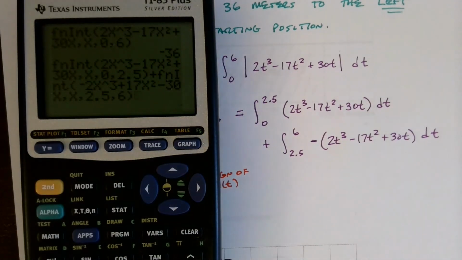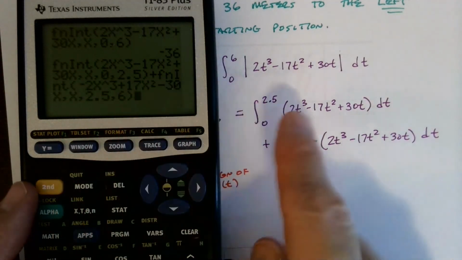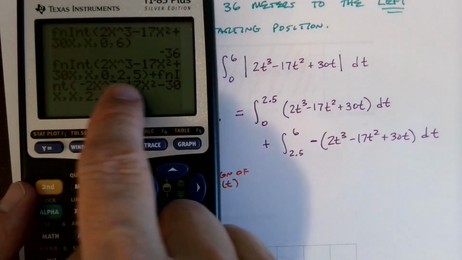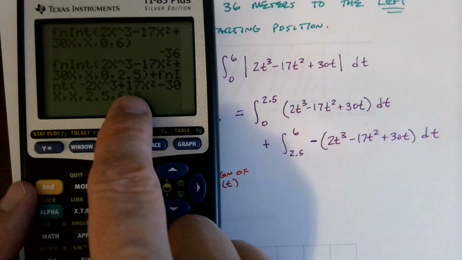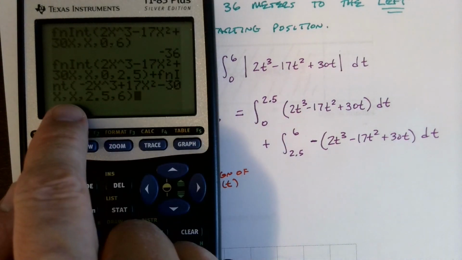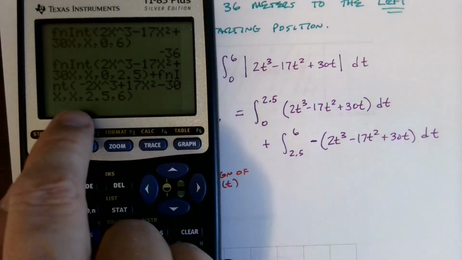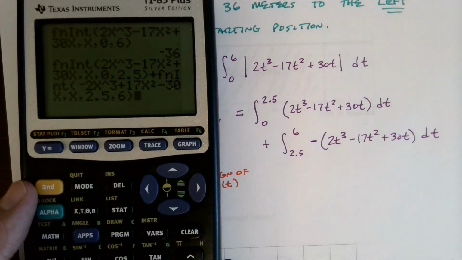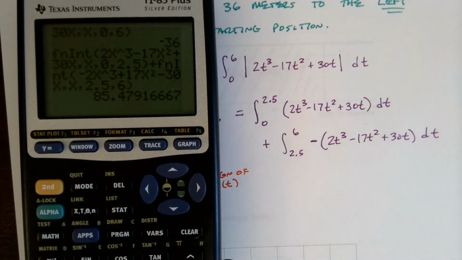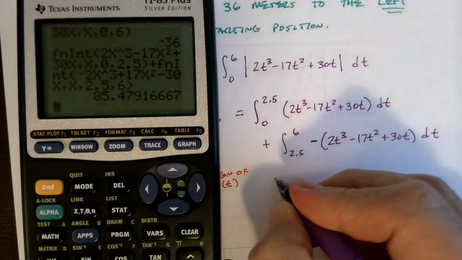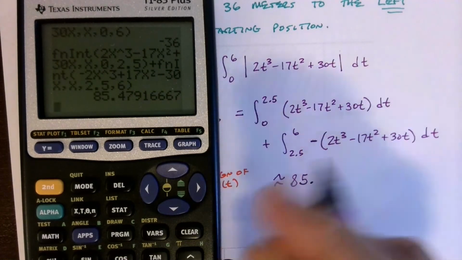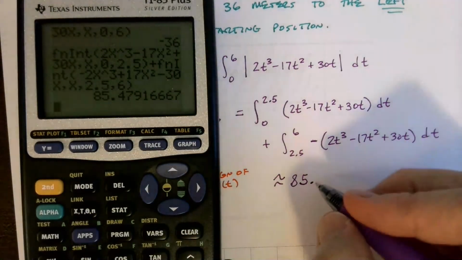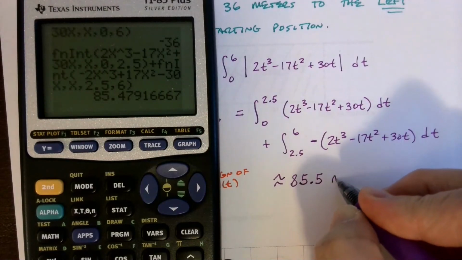Okay, so I've done one integral there from 0 to 2.5, and then did this integral, which is the negative 1 times the original velocity function from 2.5 to 6. So add those two together, and we get the total, about 85, we'll round to the nearest tenth of a meter, remember meters, 85.5 meters.